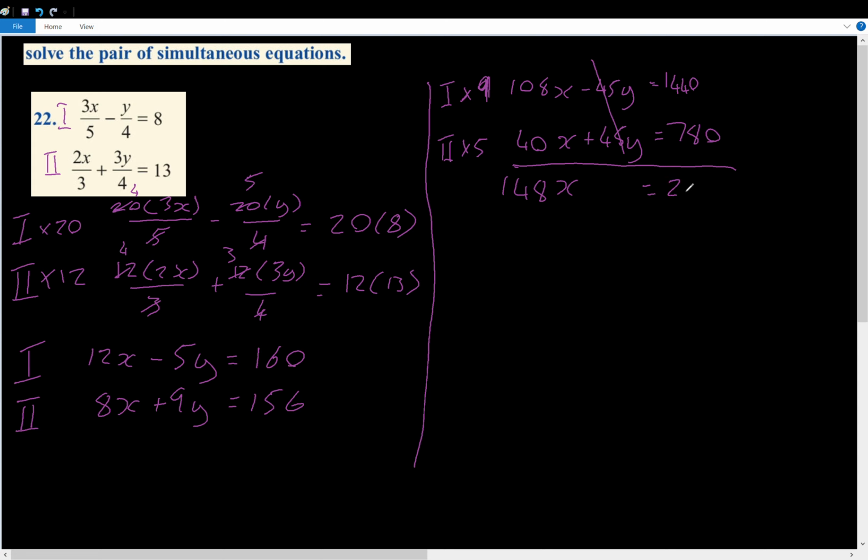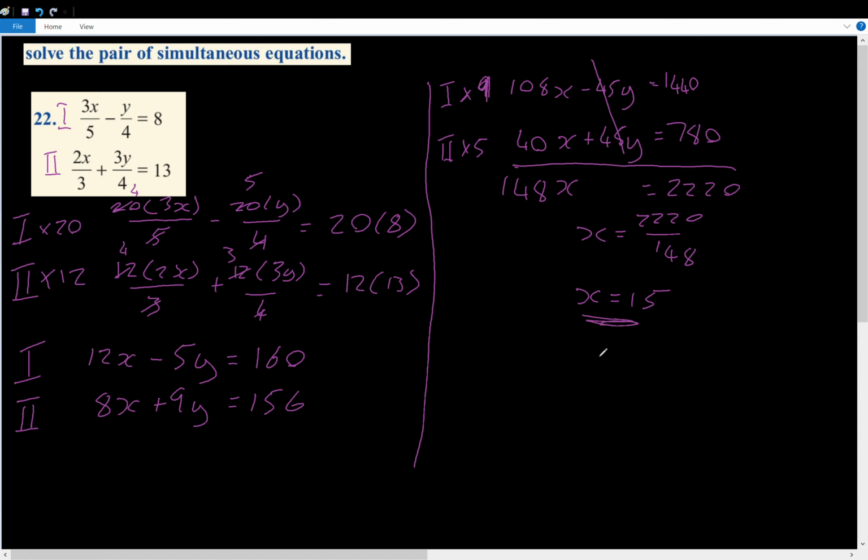So we have 148x equals 2220, which means x equals 2220 divided by 148, which means x is equal to 15, like that.